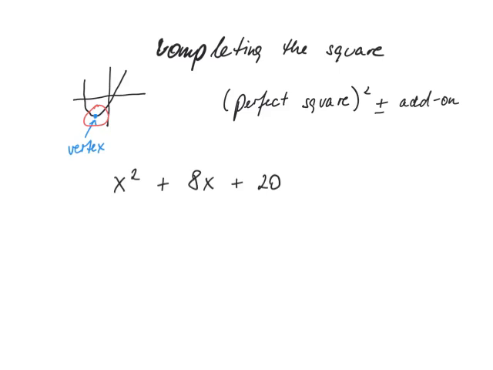But for that we need to turn it into this form where we have a perfect square and some add-on. Okay, so let's look at how we would get that. We have a quadratic function here, y equals, and the first thing we do is we divide this by 2.